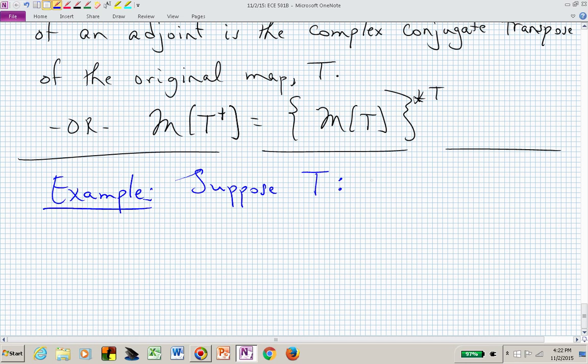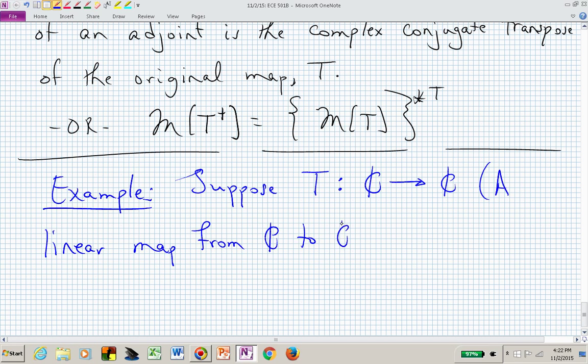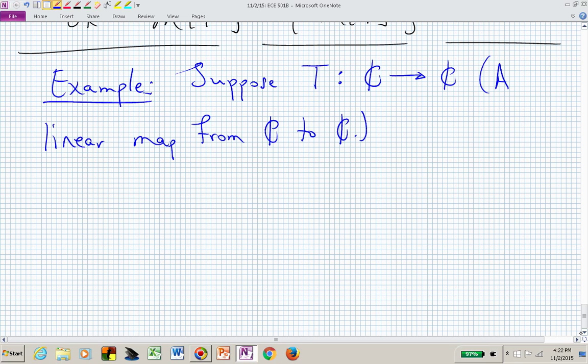Suppose that our linear map T is between C and C. And really all that means is if I have a linear map operating on x, which is a complex number, a scalar, then let's just say that that's equal to a scaled version, where my scalar is also a complex number.